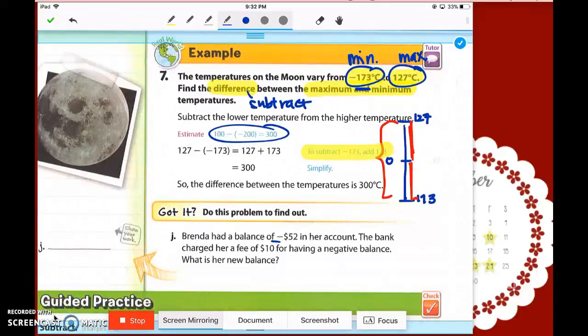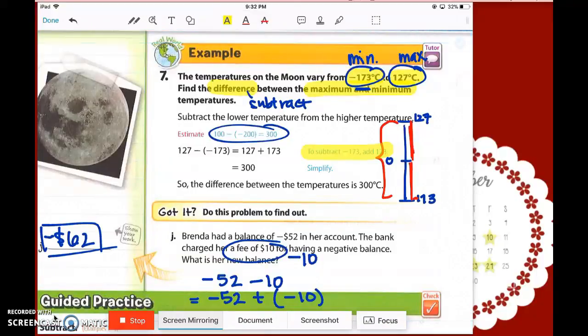Okay, so this fee of $10 would be a -$10, or you're subtracting $10, right? So starting out with -52, you're subtracting $10 for that fee, which is the same thing as -52 plus -$10. And your total for this, I guess the answer is here. Her new balance is going to be -$62, right? So now she owes even more because she was in the negative.